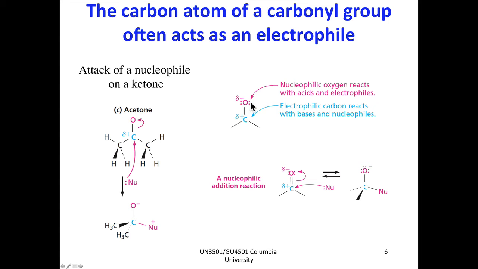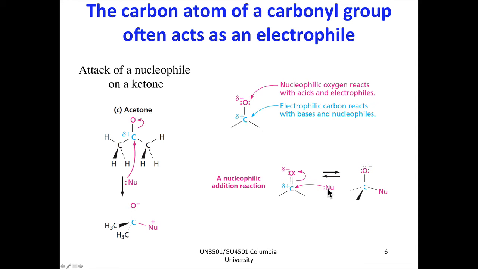So it is more likely to act as a nucleophile, whereas the carbon, because a lot of the electron density is being pulled onto the oxygen, is now relatively positively charged, and so it's a good electrophile. So in other words, these electrons from the carbonyl carbon-oxygen bond can move on to the oxygen readily, making that carbon act as a good electrophile.